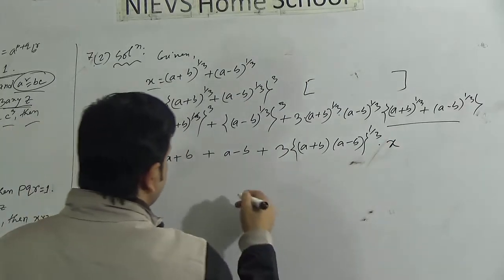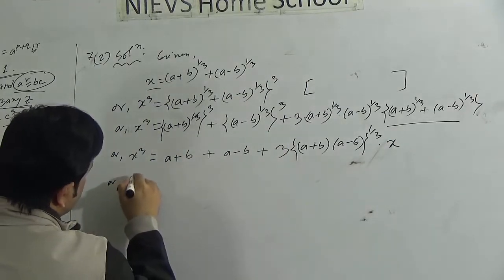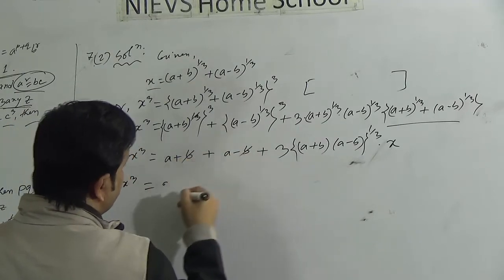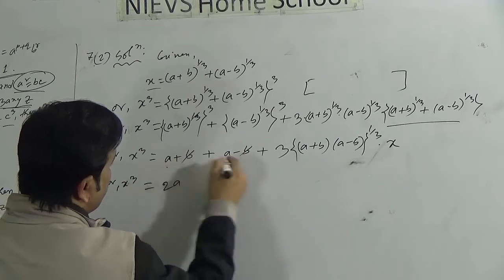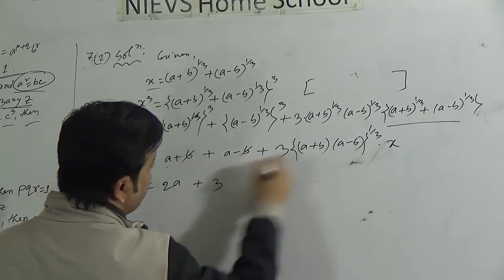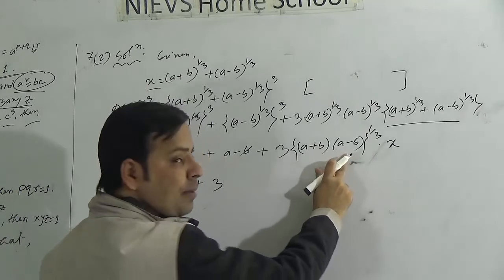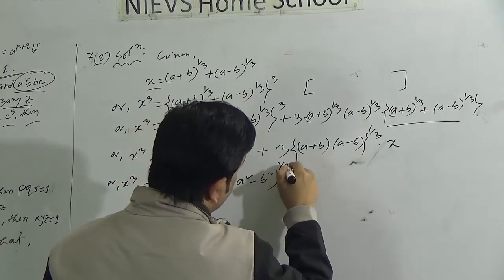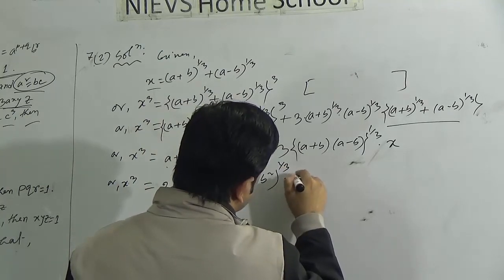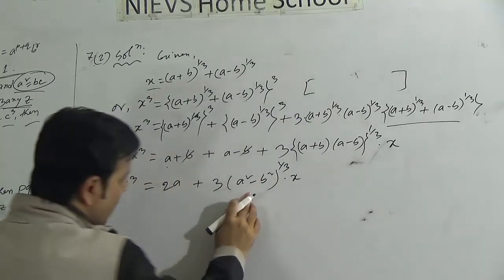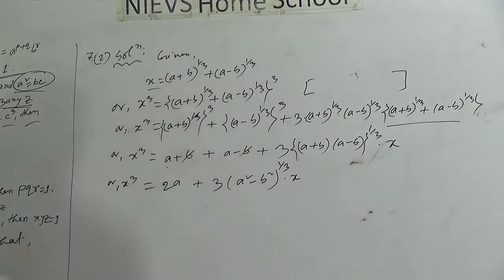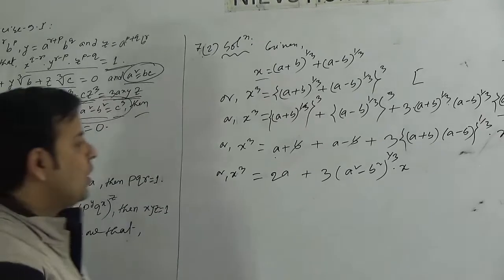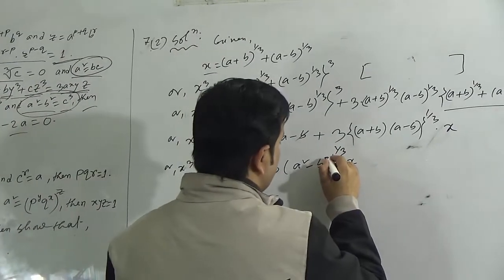So dear students, we can write here now x cube is equal to, here plus b and minus b vanish each other, it means a and a will be 2a, plus 3 into (a square minus b square) whole to the power 1 by 3 into x. Now if you see the question again, it is given a square minus b square is equal to c cube. So we can put the value of a square minus b square, that is c cube.